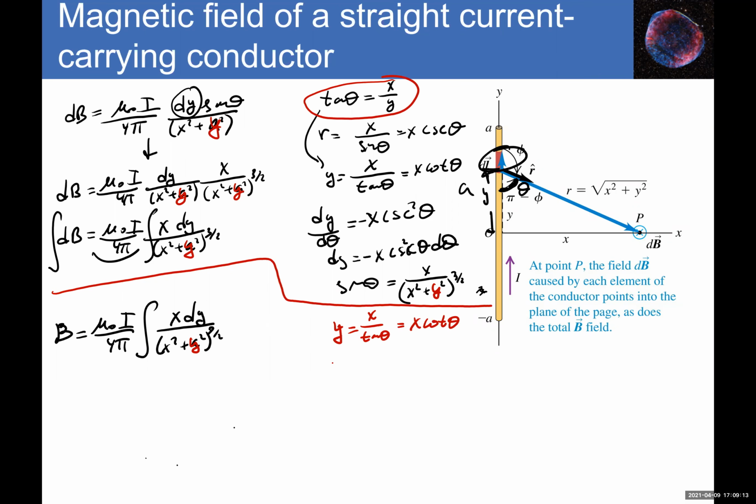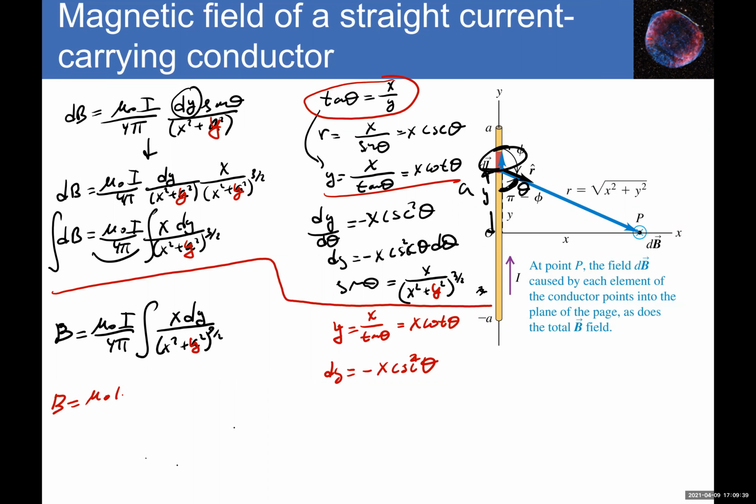Then dy, if you take it in terms of dy d theta, like what we did over here, is negative X cosecant squared theta. And what I can do here is make a substitution.